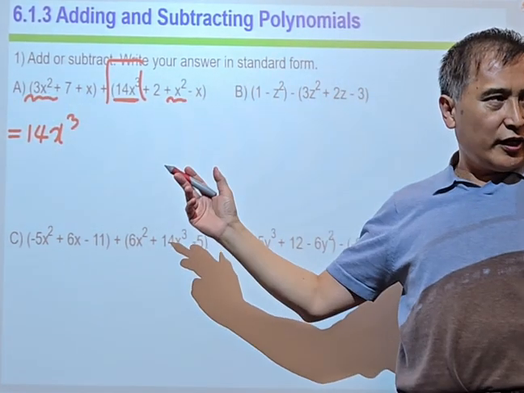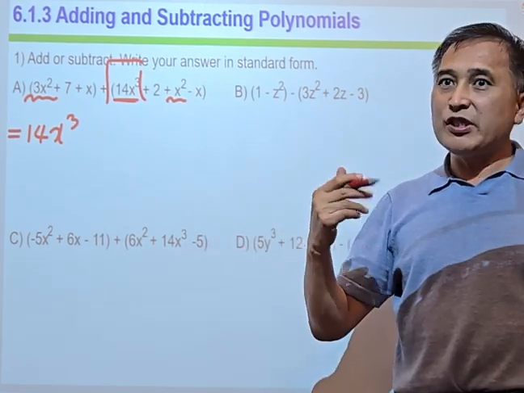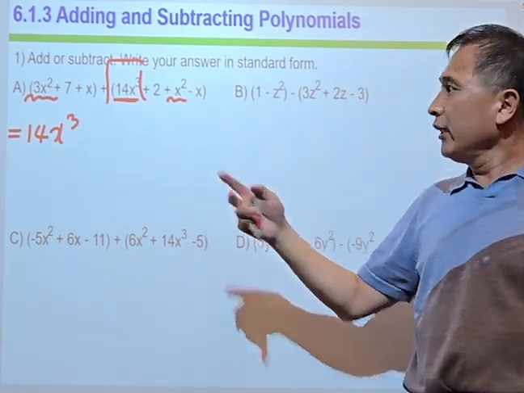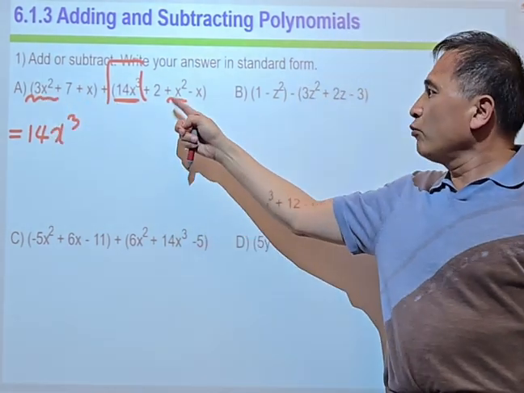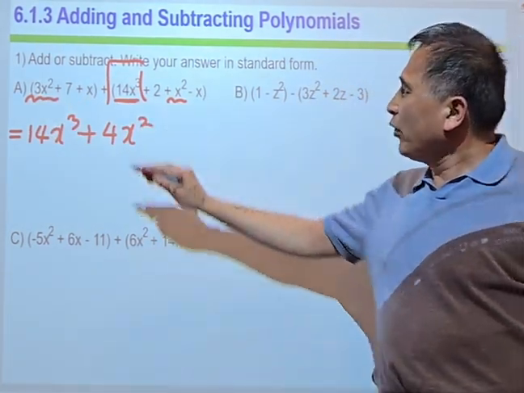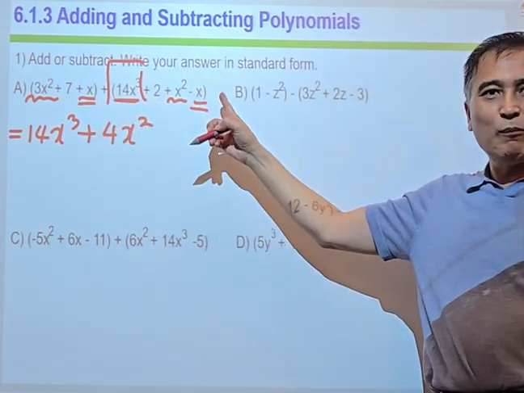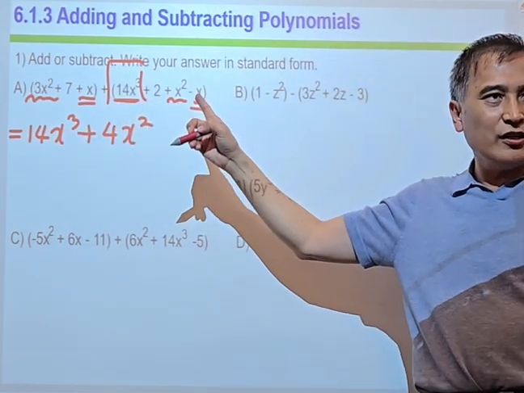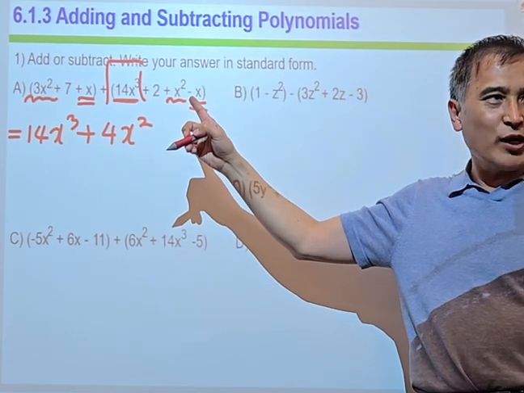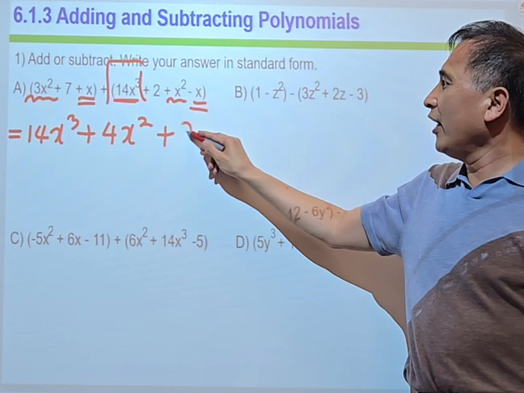Do you see what I'm doing right now? I symbolize it to avoid mistakes. Okay, you better do it. So 3 plus 1, that's 4x squared. And first degree, right here. Plus 1 minus 1x. That cancels out, right? 0x, you don't need to write it. And constants, 7 plus 2, 9.